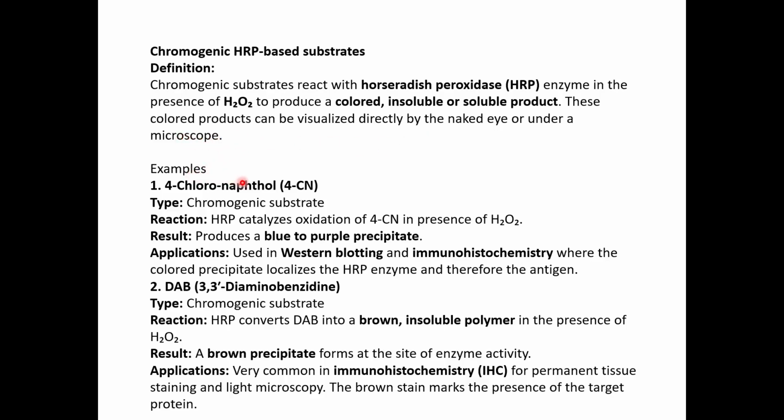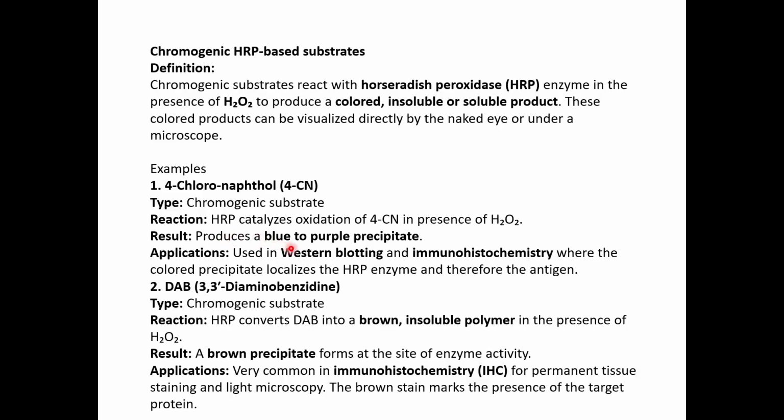So certain examples like 4-chloronaphthol, 4CN, it is a chromogenic substrate, and the reaction that takes place is HRP catalyzes oxidation of 4CN in the presence of H2O2.